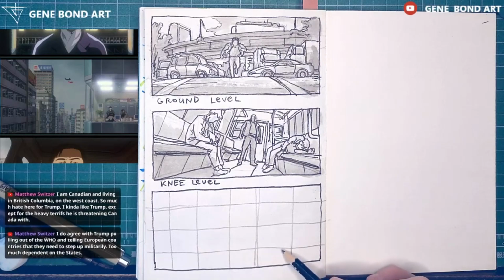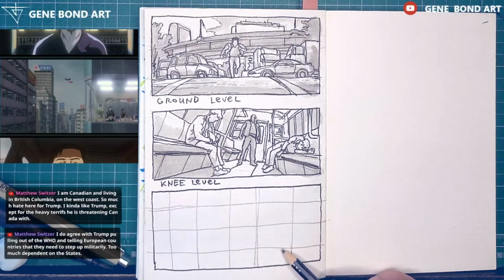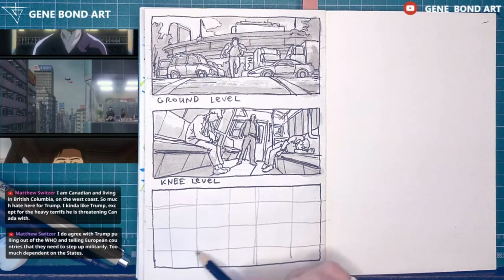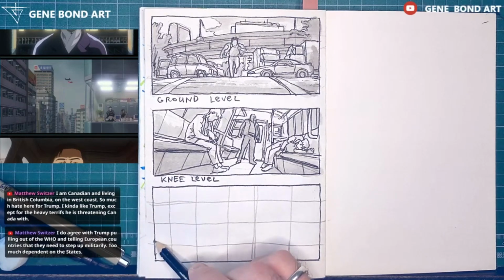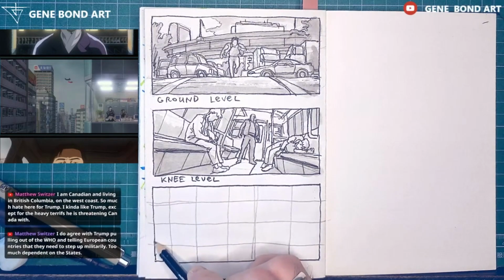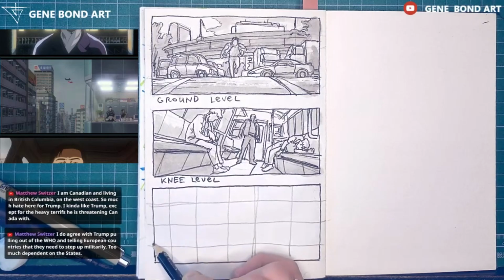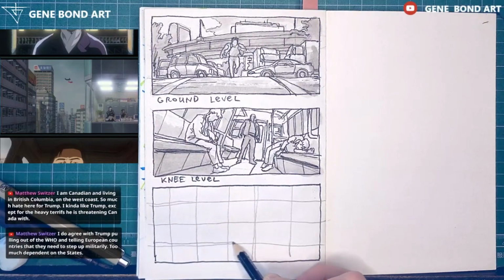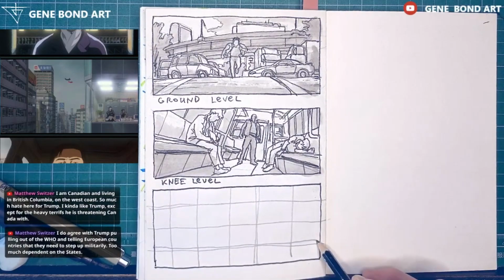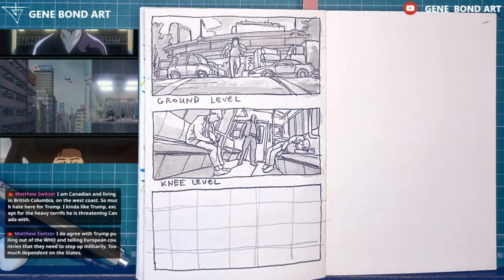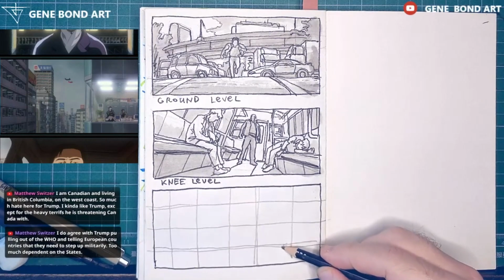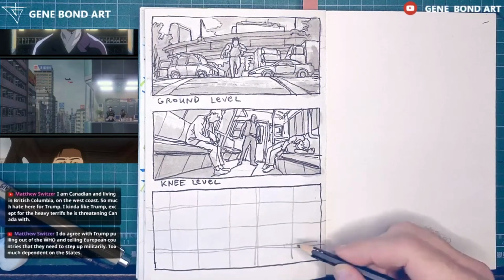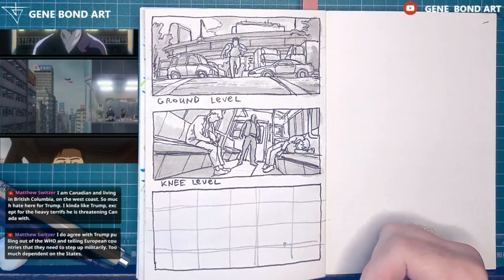And horizon. Yeah, let's do it here. Yeah, so it's definitely this guy here because the vanishing point is right on him.